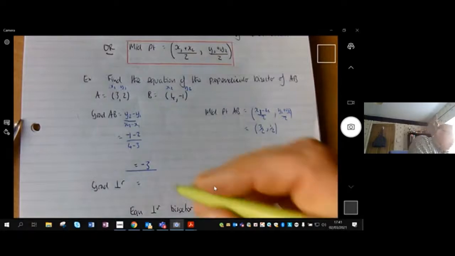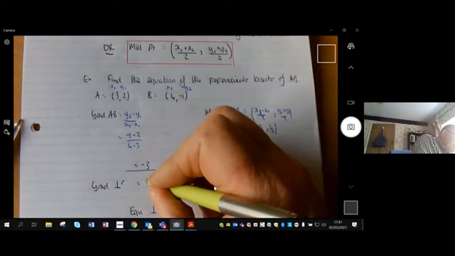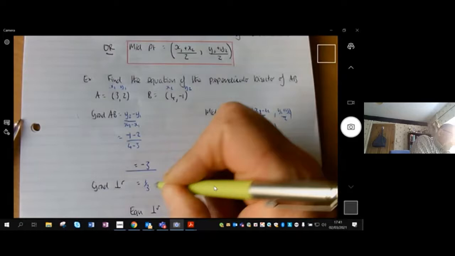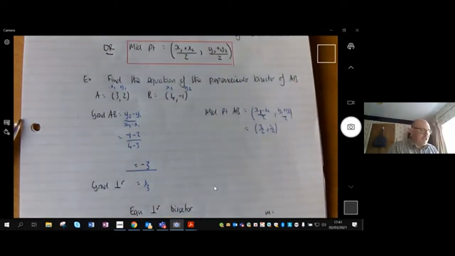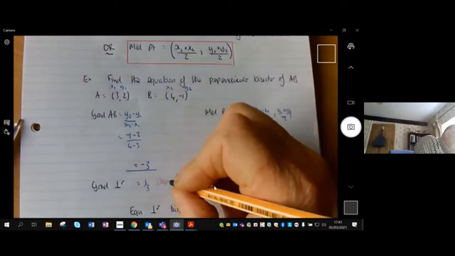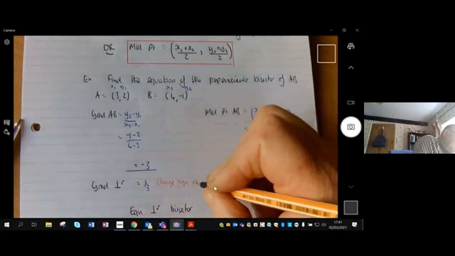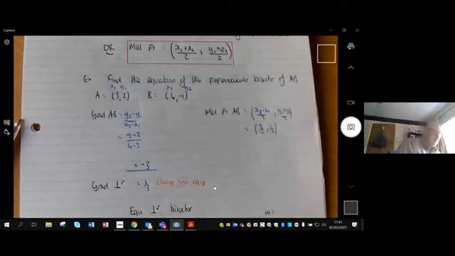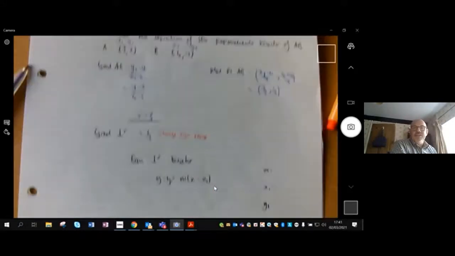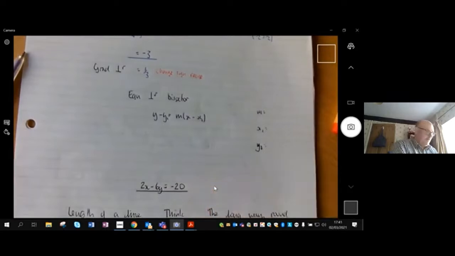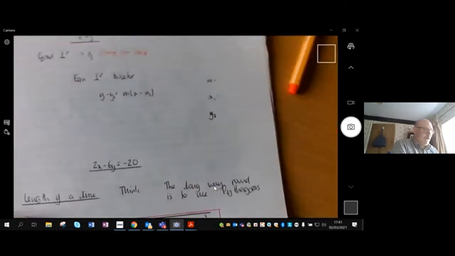So the gradient of the perpendicular is 1/3. Change the sign, find the reciprocal. So here, change sign, reciprocal. And you'll notice here, I've set it up at the bottom. I'm hoping I've got this one right.